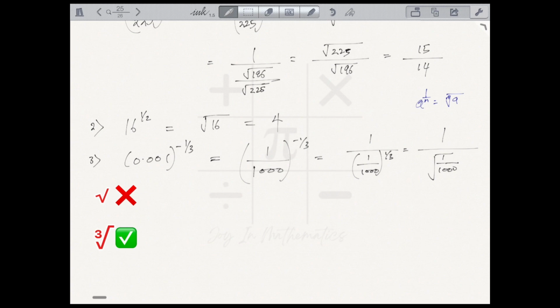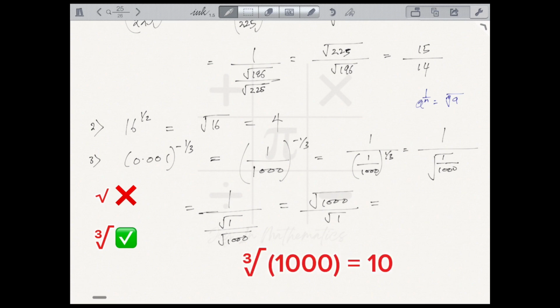Then if we apply the rule of thirds, we have 1 divided by the cube root of 1 divided by the cube root of 1000. So in the end, we have the cube root of 1000 divided by the cube root of 1. The cube root of 1000 is 10 and the cube root of 1 is 1. So the answer is 10.